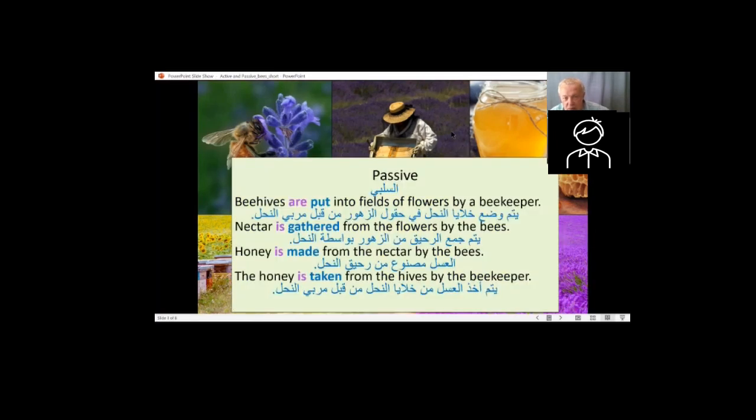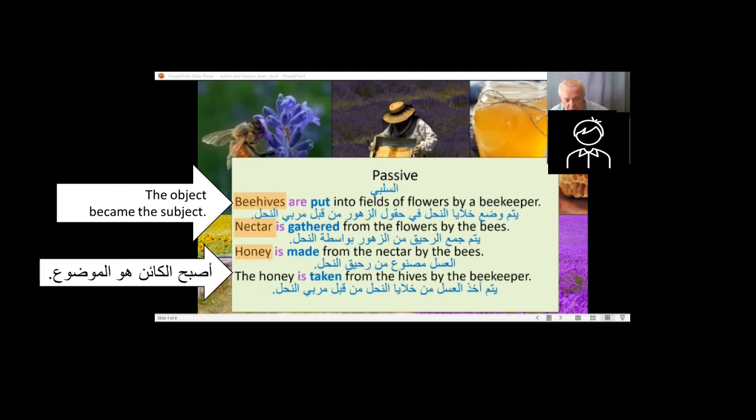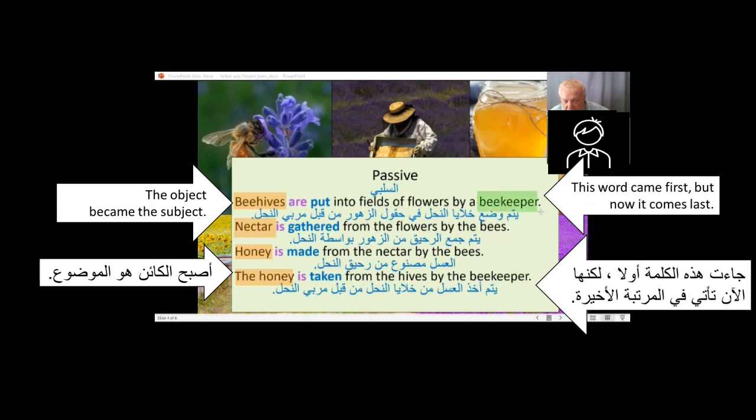Now notice right away in the passive here that what was the object is now coming first. Yes, the object has now become the subject. And then what was formerly the subject is now coming way at the end of the sentence. They've changed places.